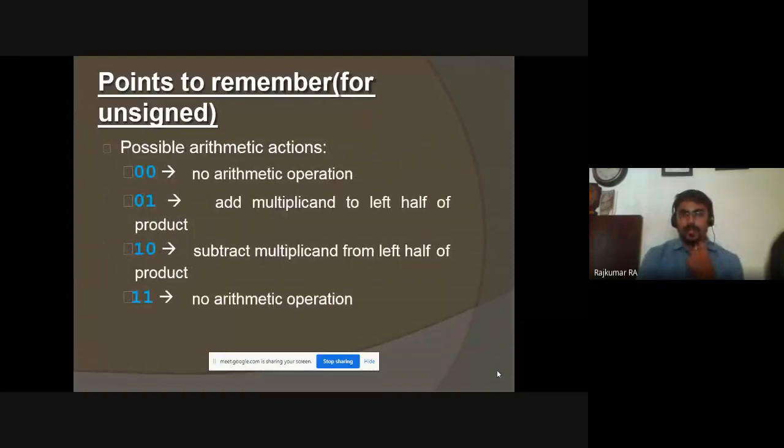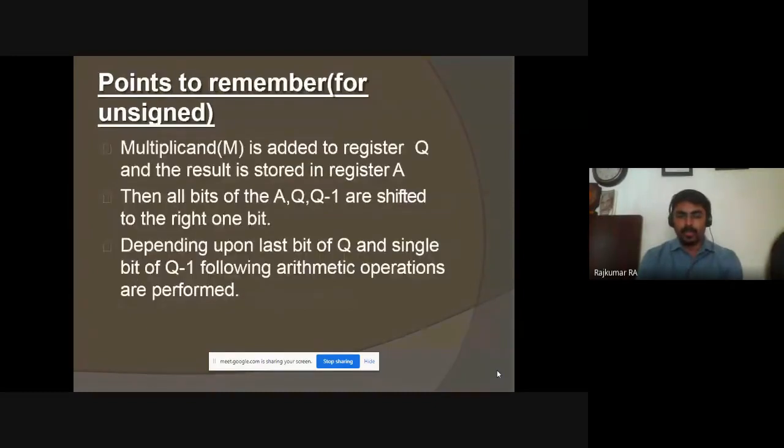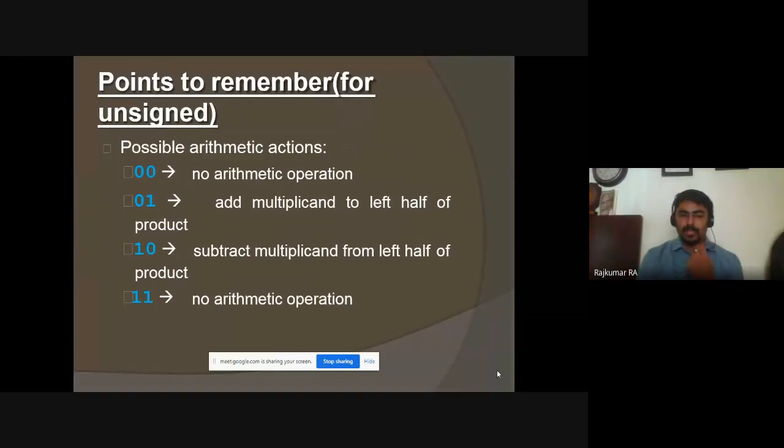If the last two digits of Q and Q minus 1 are 0 0, then there is no arithmetic operation. If the last two digits are 1 1, then also there is no arithmetic operation.